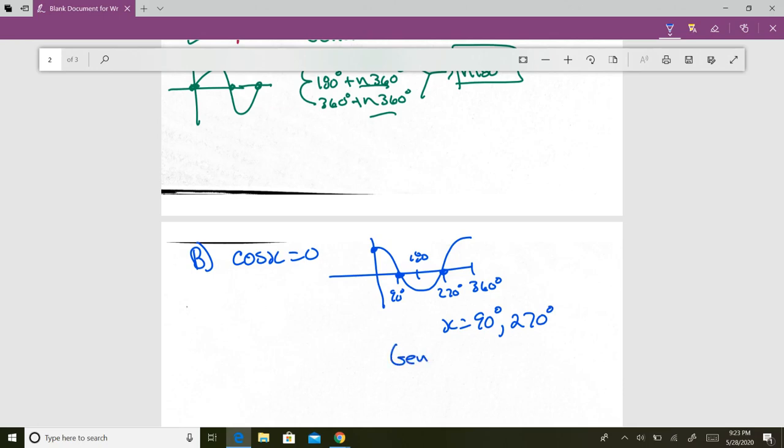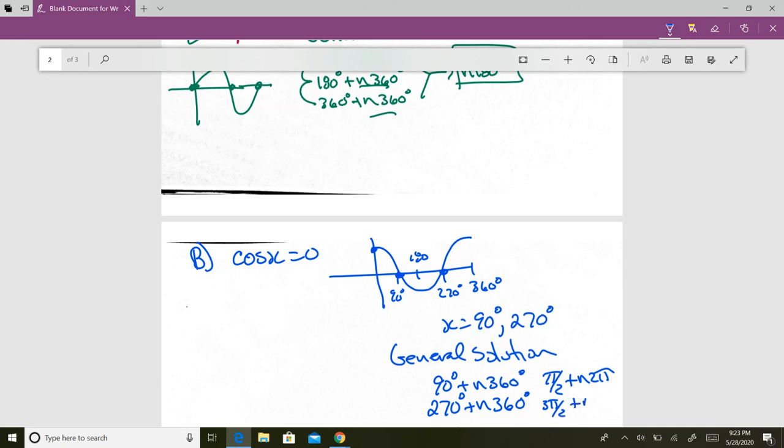The general solution is going to be 90 plus n 360, or 270 plus n 360. All right. If you're doing it in rads, it would be pi over 2 is 90 plus n 2 pi, or 3 pi over 2 is 270 plus n 2 pi.